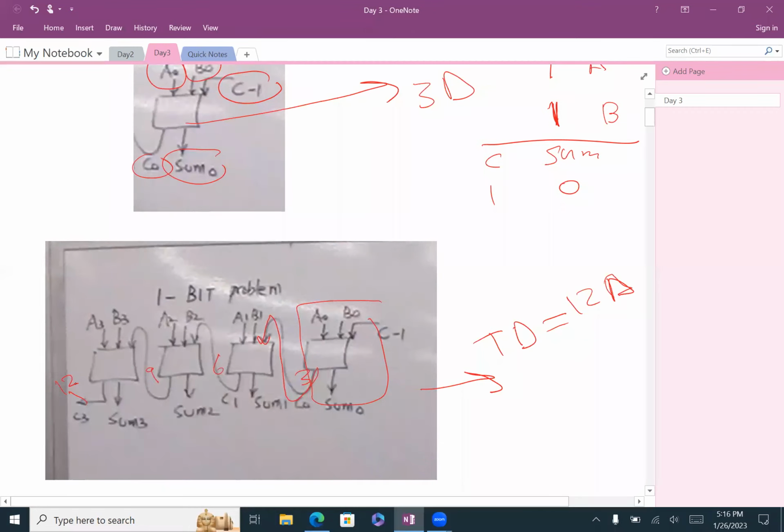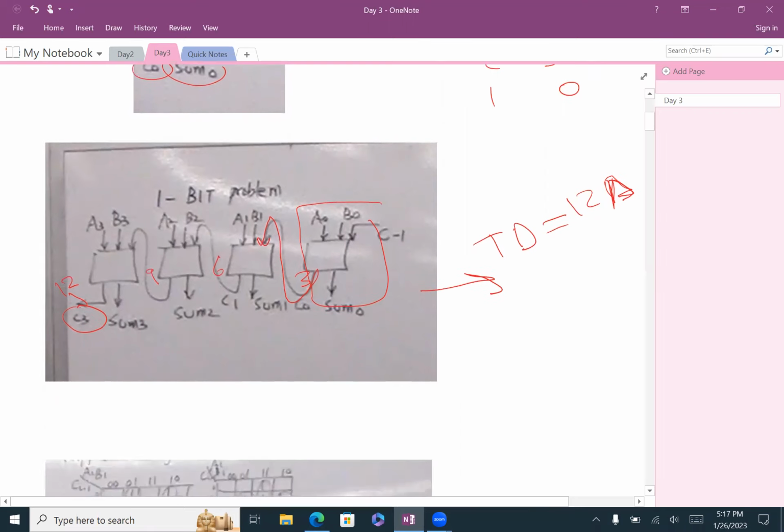It's 12 or 13? 12, correct, because the last sum does not depend on C3. That's going to be the last carry, all right? So far we improved our circuit, correct? So far we didn't improve anything. We just used 12. If it's 4-bit, the delta will be 12.